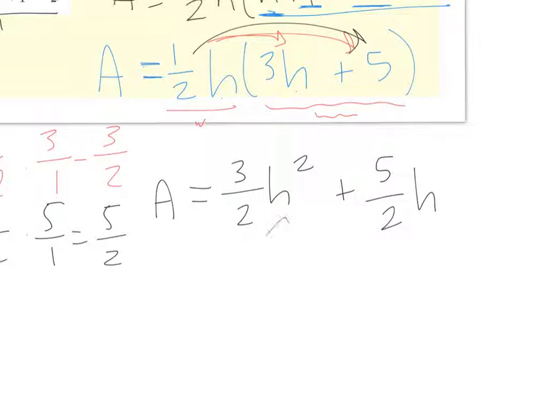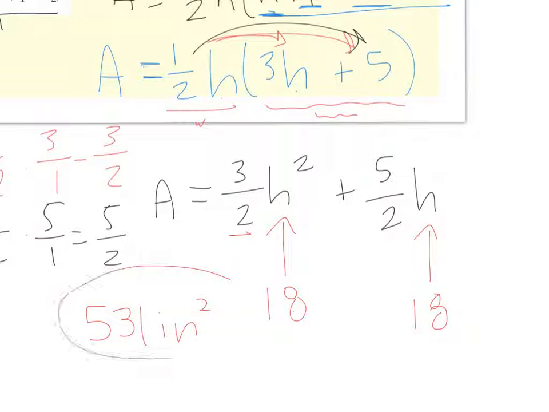I want to put that in for h here, 18 there, and 18 there. Now this is a computation problem that I'm going to use my calculator. And if I plug that in exactly as I see it, 3/2 times 18 squared plus 5/2 times 18, I will get 531. And how do I label this? Inches squared. And now I'm completed with this problem.